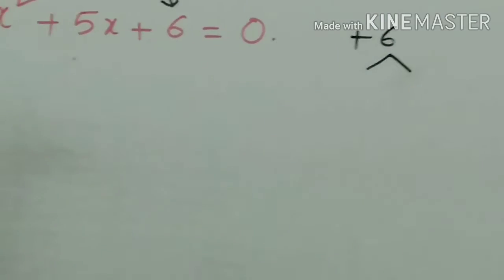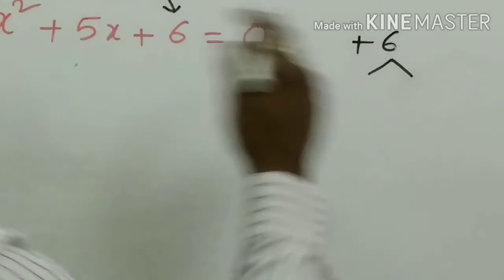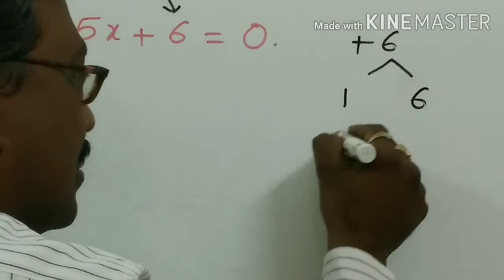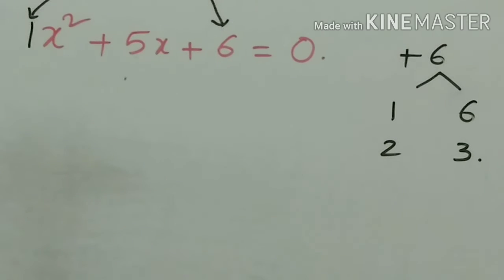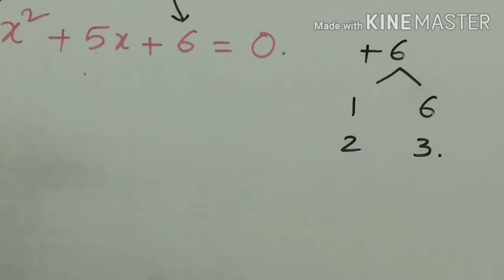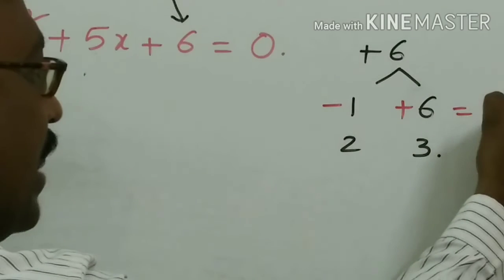1 sixes are 6. Now write all the possible factors of 6. 1 sixes are 6, 2 threes are 6. Now find the middle one by adding or subtracting the factors. Suppose I take minus 1 plus 6, that is plus 5 only.